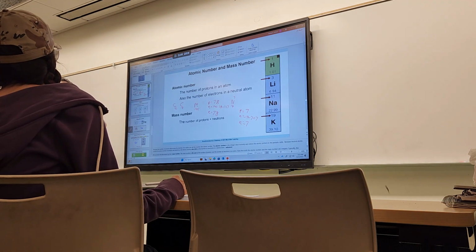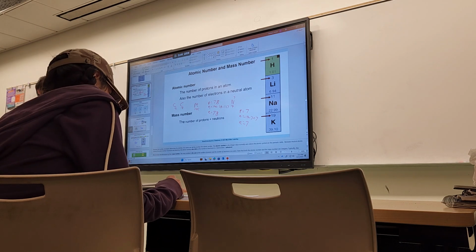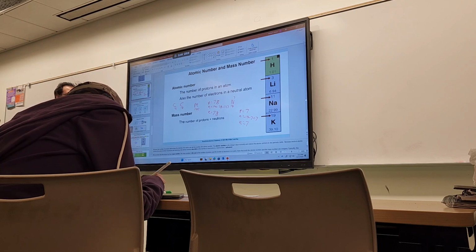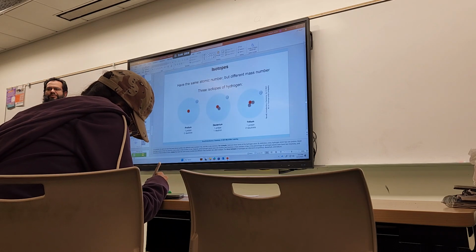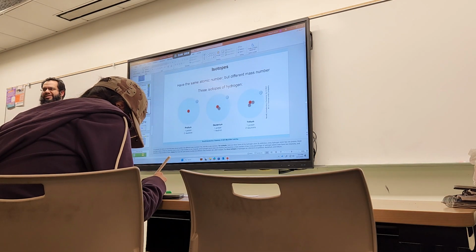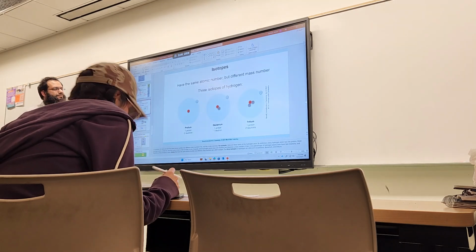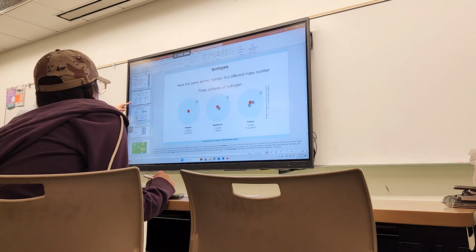Okay, and then you have two numbers in the periodic table, right? You have your atomic number and you have your mass number. The larger one is going to be your mass number. Then you have isotopes, right? Different atoms which are the same identity, but they have a different number of neutrons. They all behave exactly the same, regardless of how many neutrons they have.